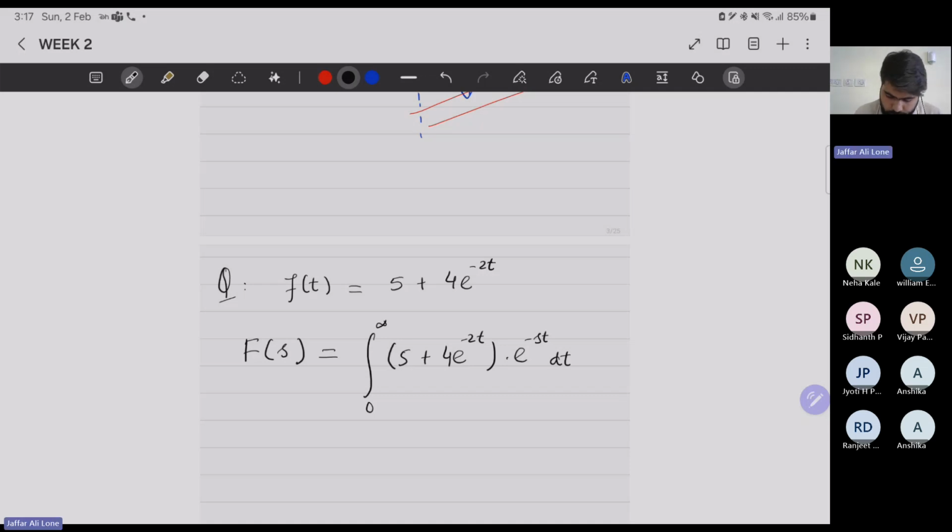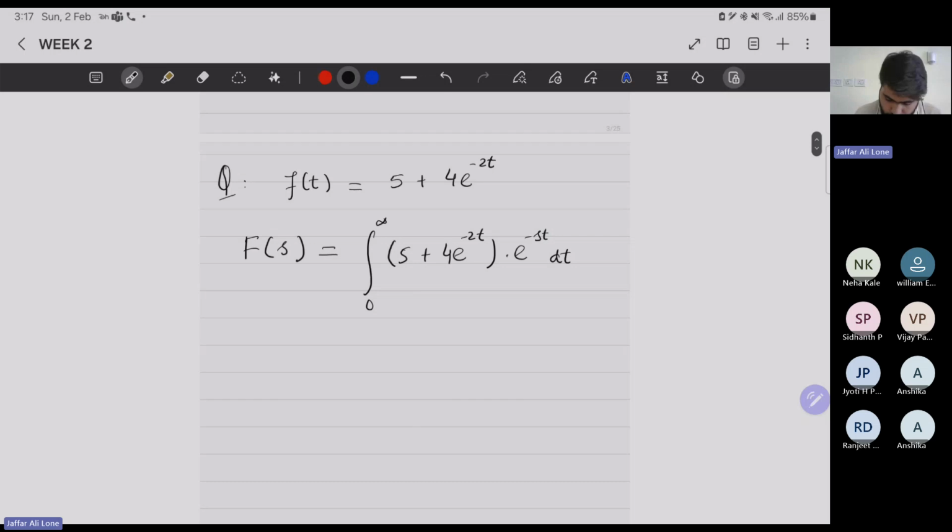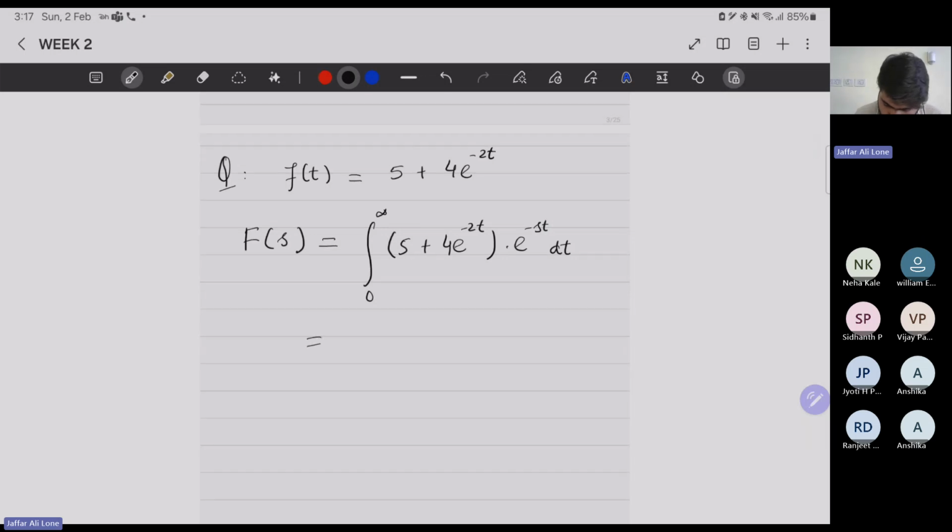So let's continue solving this question. We can solve it like this: integral from 0 to infinity of 5 e raised to the power minus st, plus integral from 0 to infinity of 4 e raised to the power minus 2t, e raised to the power minus st, dt.